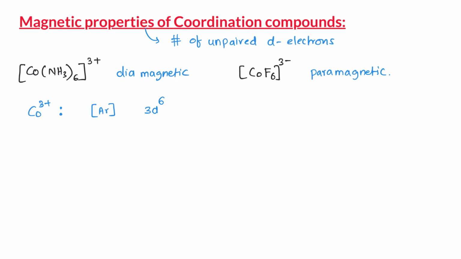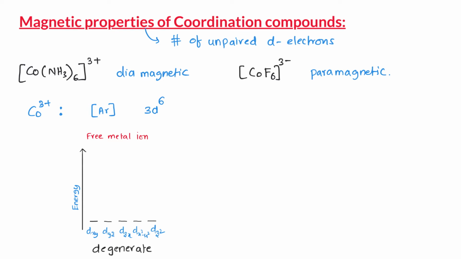Now let us draw the partial orbital diagram to find out the number of unpaired electrons. The cobalt 3 plus ion in its free state, that is a state not bound to any ligands, has degenerate d orbitals. Let us fill the 6 electrons in these d orbitals following Hund's rule.